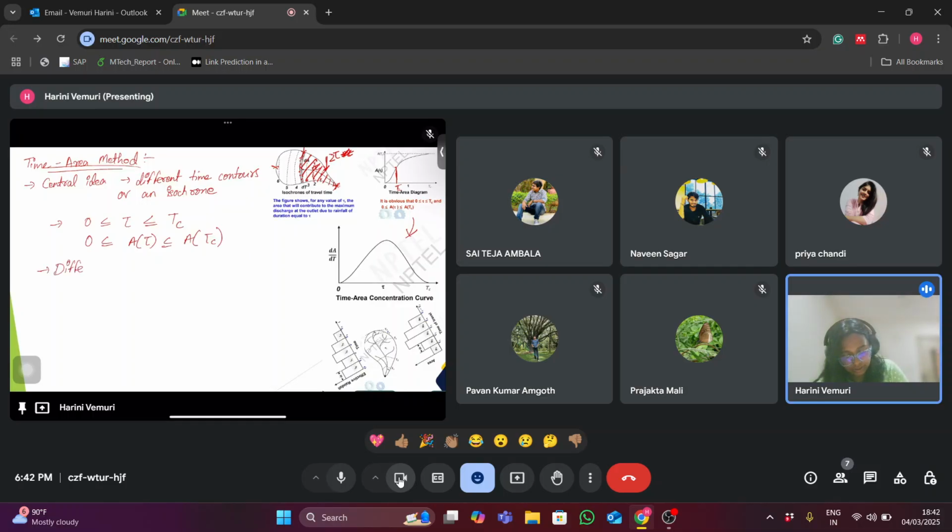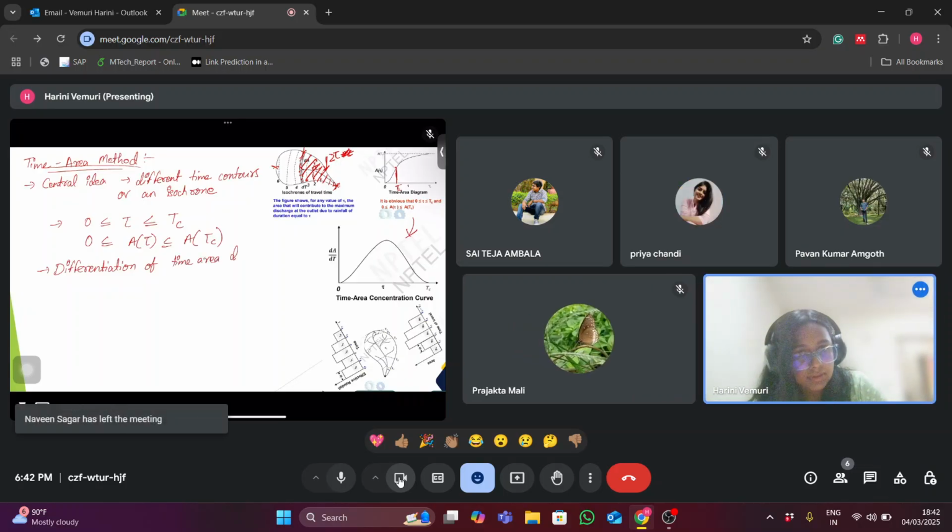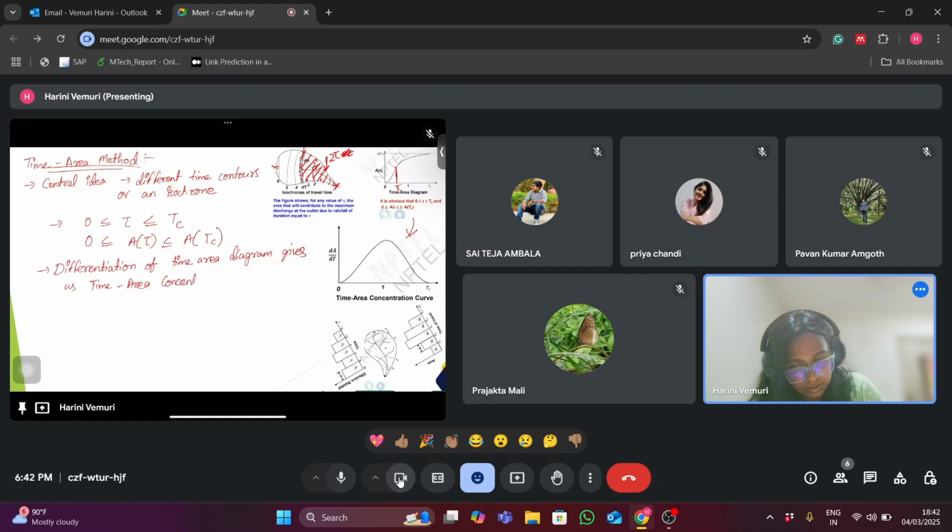So differentiation of the time area diagram gives us the time area concentration curve. So from this we have seen how the time area concentration curve is generated.